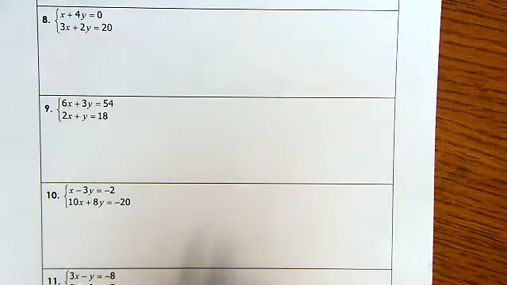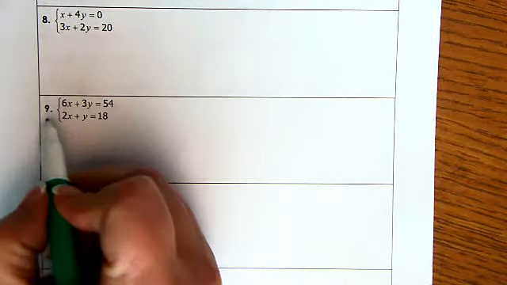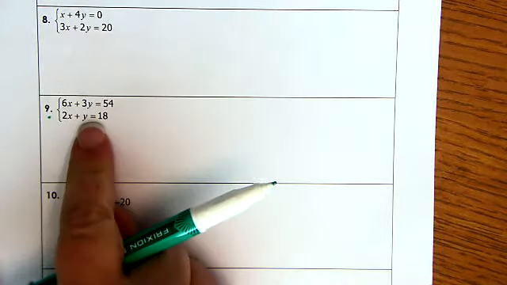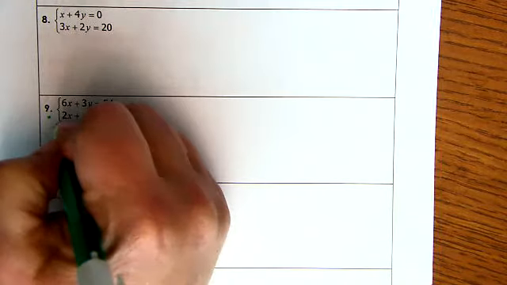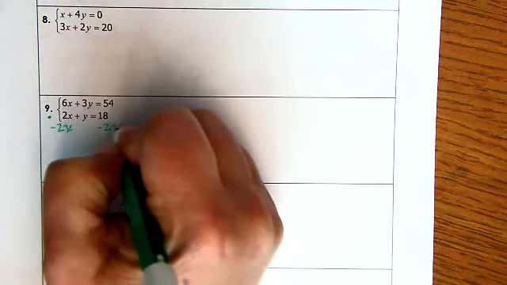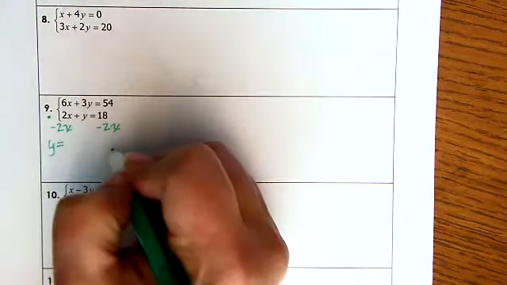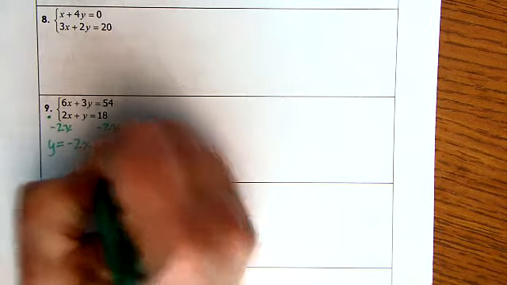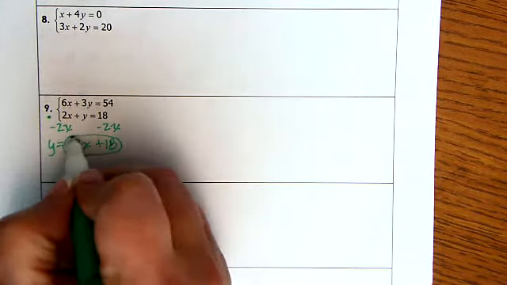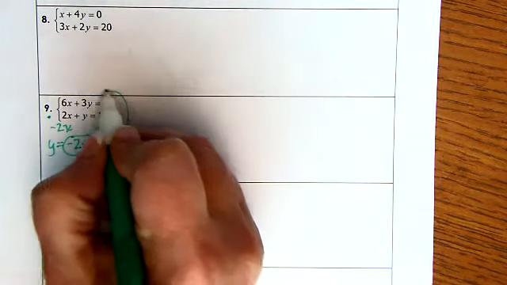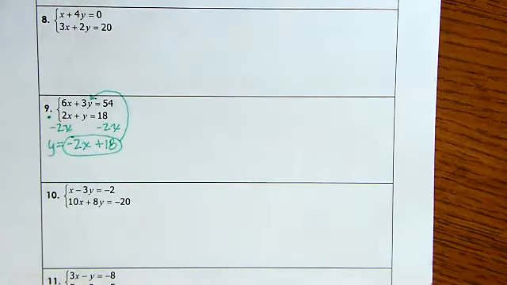So I'm going to look to see which one looks like it would be easier to move. This one, because it's got the y by itself. There's no coefficient. So I'm going to subtract 2x on both sides, and I end up with y equals negative 2x plus 18. So this right here is going to be what I plug in for this y.